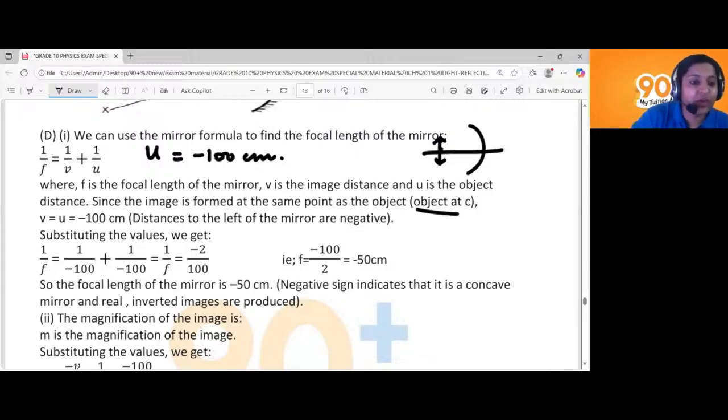So substitute here: 1 by f equal to 1 by minus 100 plus 1 by minus 100. That is minus 2 by 100, that is 1 by f. So what will be f? f will be minus 100 by 2, that is negative 50 centimeter. So focal length is 50 centimeter. Negative indicates that it is a concave mirror and the image produced is real, inverted.